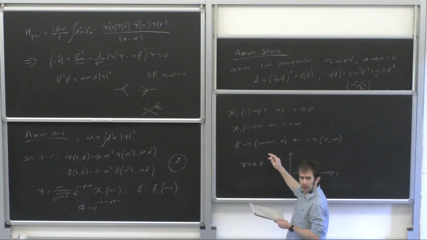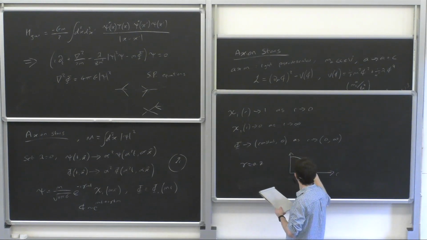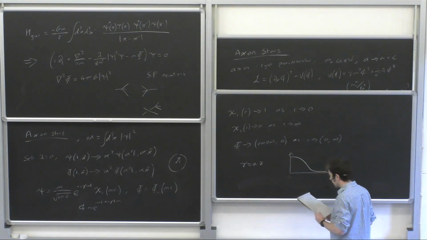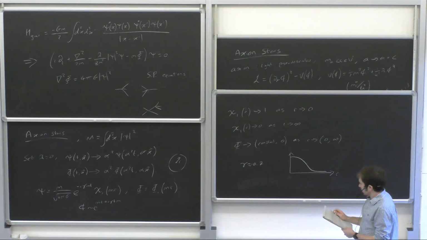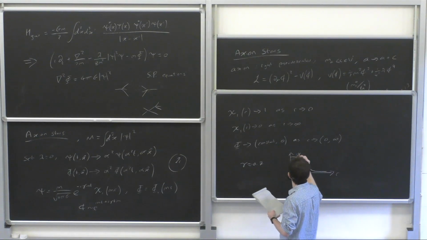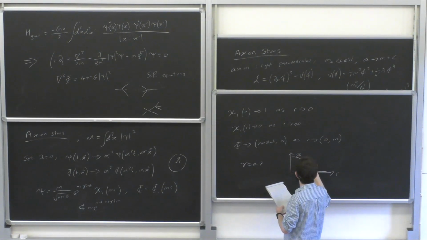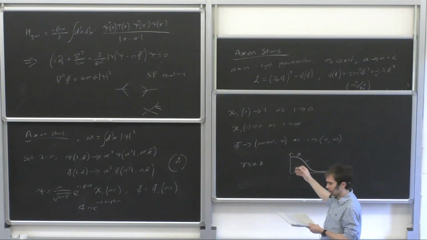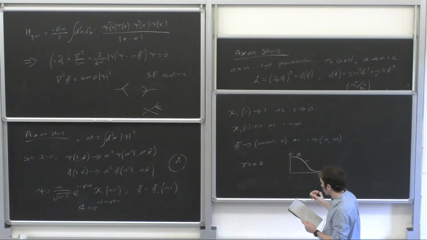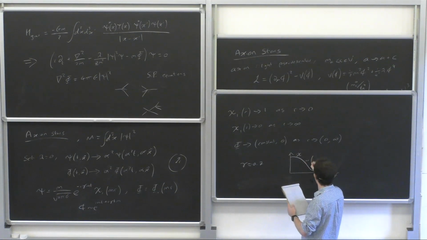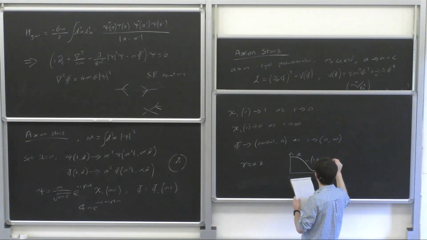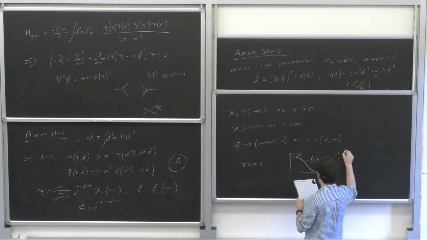And the field profile as a function of radius looks something like this. So this is chi. If you ever need a good analytic approximation, this central region goes as something like 1 plus 0.2 r squared to the minus 4.